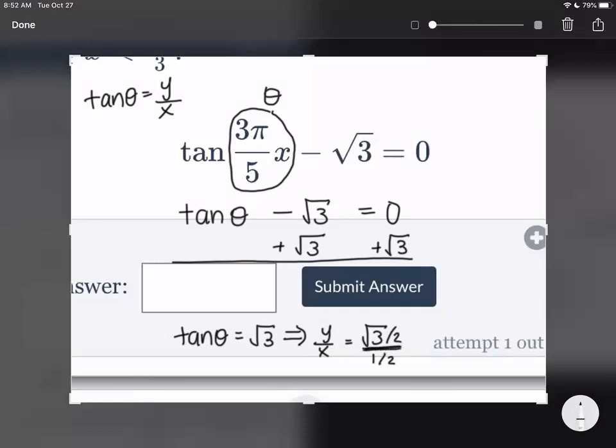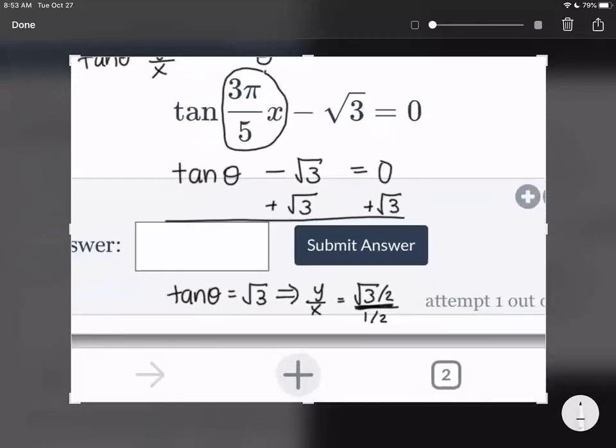And now, this is one of the things you can find on your unit circle, where your y is radical 3 over 2 because the y is on top, and the x is positive 1/2 because the x's and the 1/2 are on the bottom. There's another one that you can find.